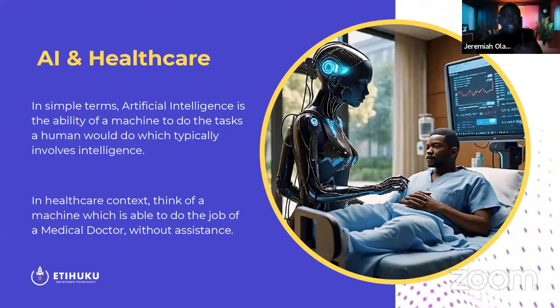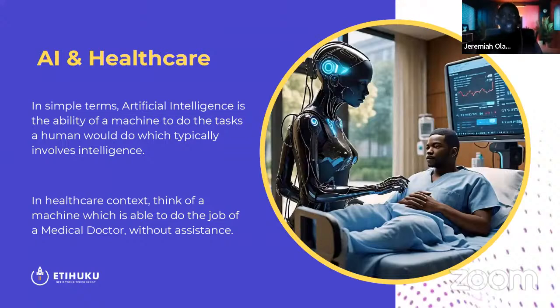So it's not necessarily something like walking. Even a goat can walk and navigate its way, but for something which requires a higher level of intelligence, if a machine is able to do that task, that's what we call artificial intelligence.